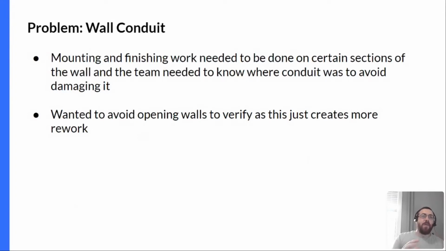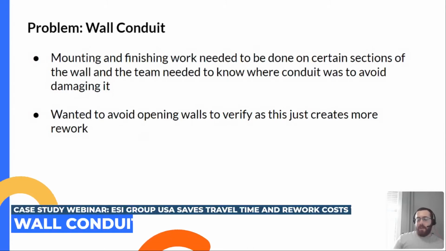As much as you trust your drawings, there's still a little bit of guesswork and almost mystery in what's behind those walls. And when you have to go back and do work, that usually leads to having to reopen the wall in a large hole, and verify that everything's there, then re-put up your sheetrock, do all of your finishing work again, and again just add a lot of rework, cost, and time to your project.